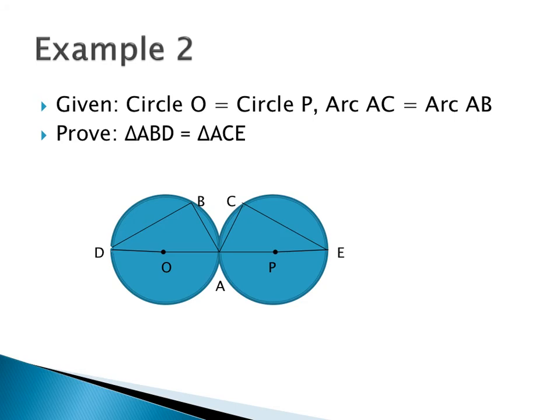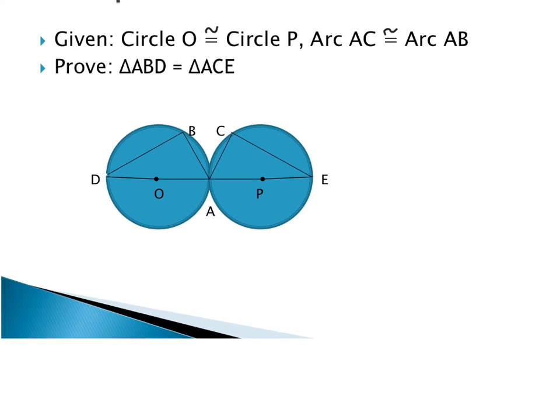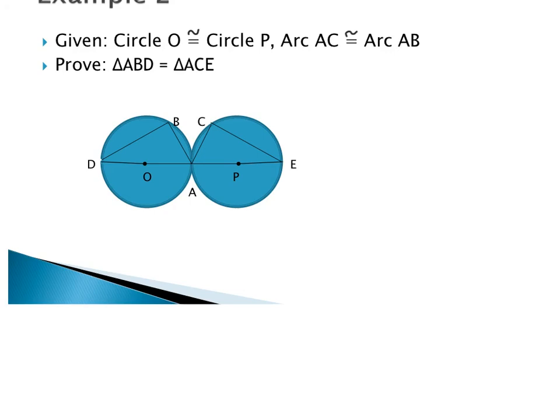So we're given that circle O is congruent to circle P and arc AC is congruent to arc AB. They want us to prove that the two triangles that are inscribed are congruent. So the first thing I'm going to do is write down my given statements and reasons.